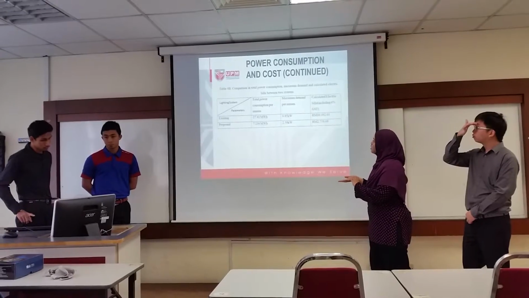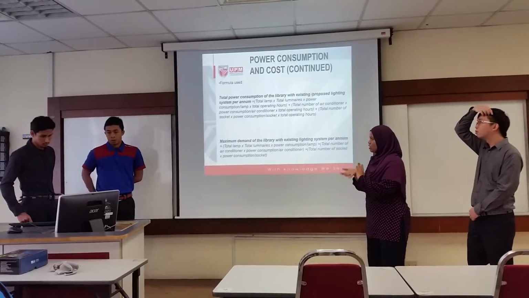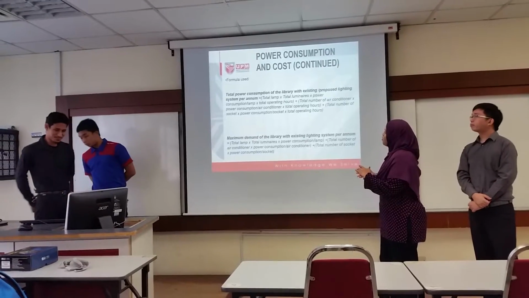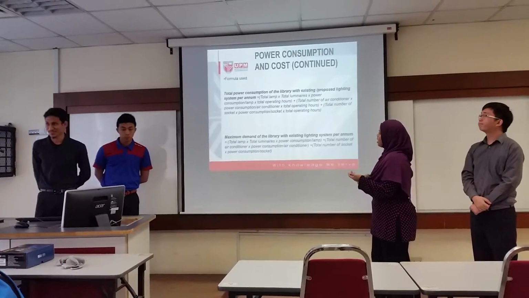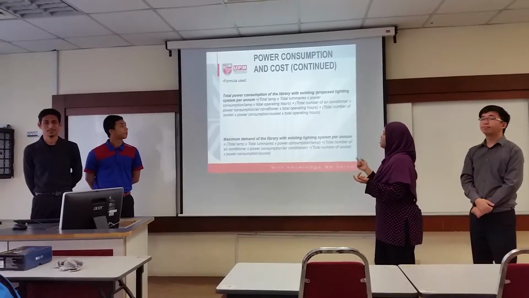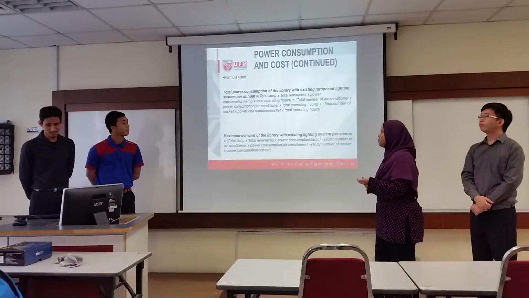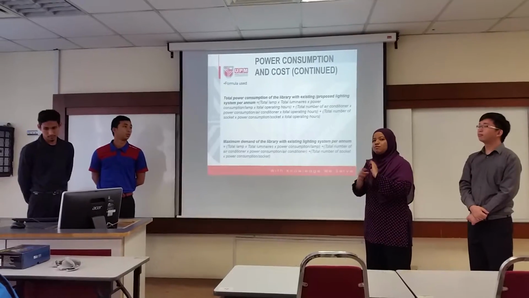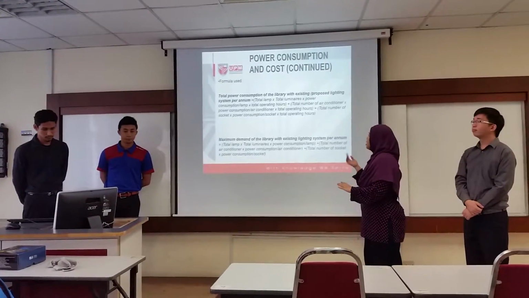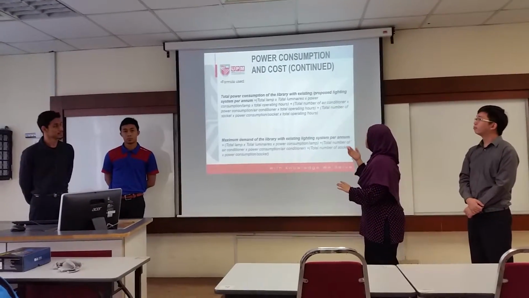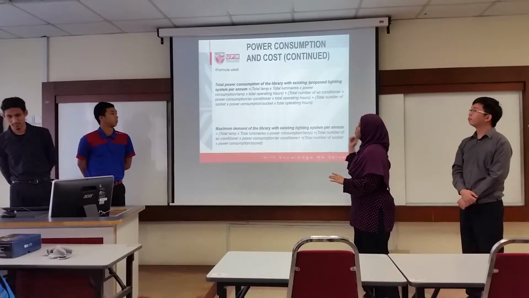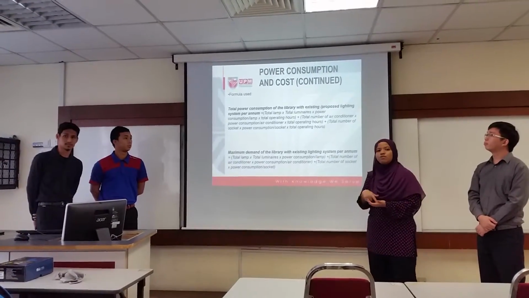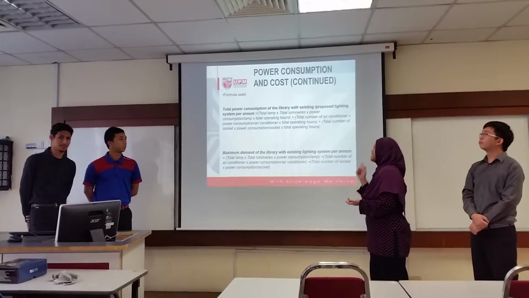Next, this is the formula used for the total power consumption. We have the total lamp times the total luminaire times the power consumption per lamp times the total operating hour. That one is only for the lighting. The next one is the total number of air conditioner times the power consumption per air conditioner times the total operating hour for the air conditioner.